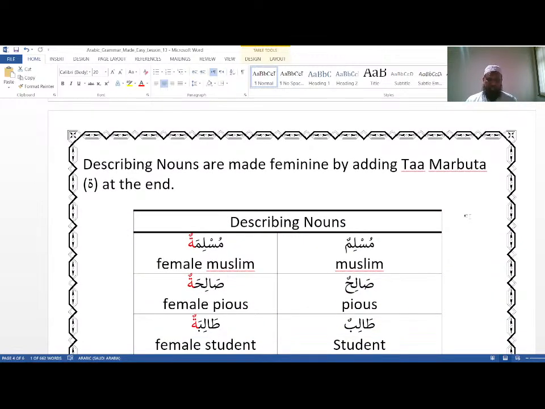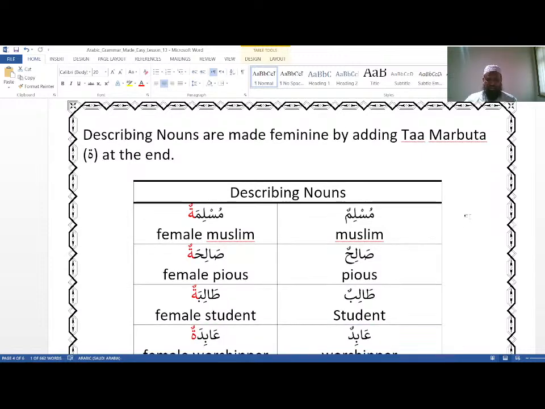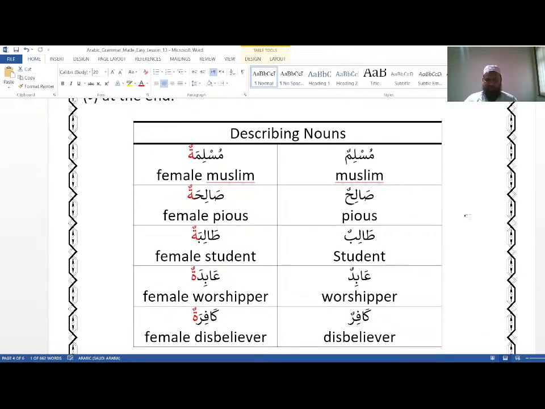Muslimun, make this into feminine: muslimatun. Salihun, adding ta marbuta, salihatun. Talibun, student, talibatun. Abidun, abidatun. Kafirun, kafiratun. Any other description isms? Jamilun, handsome or beautiful. Make it feminine by adding ta marbuta: jamilatun.